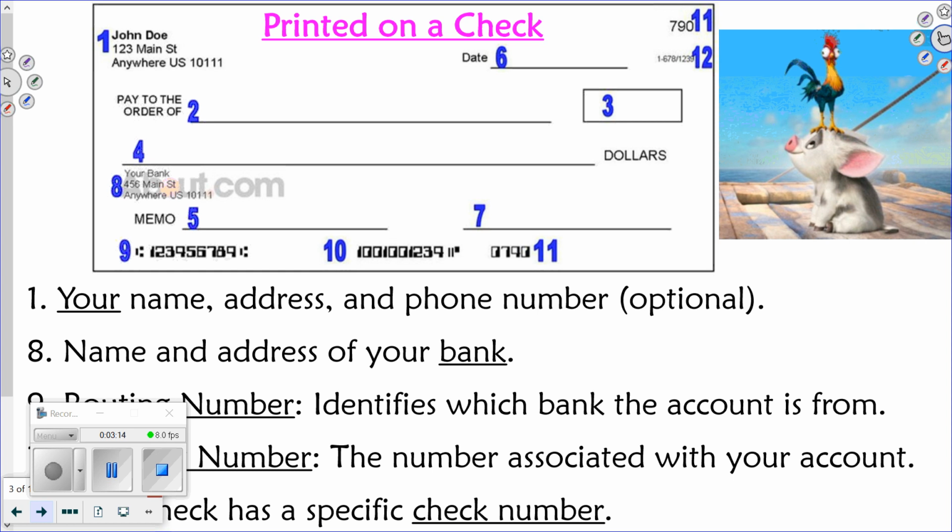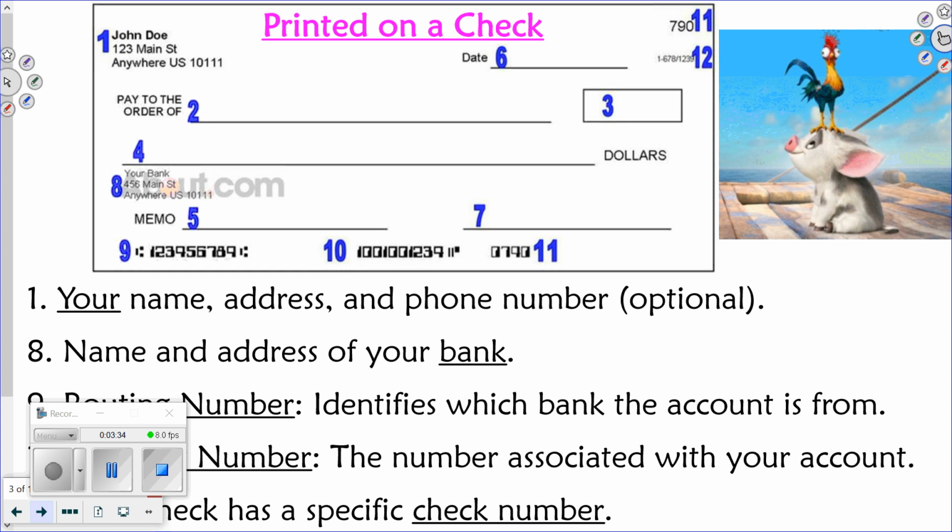All right, so on a check, your name would be at the top corner, your address, phone number sometimes on there. The phone number is optional. Name and address of your bank will be underneath here. You'll have a routing number. Down here, this first set of numbers is the routing number. This is what links your check to a certain bank.